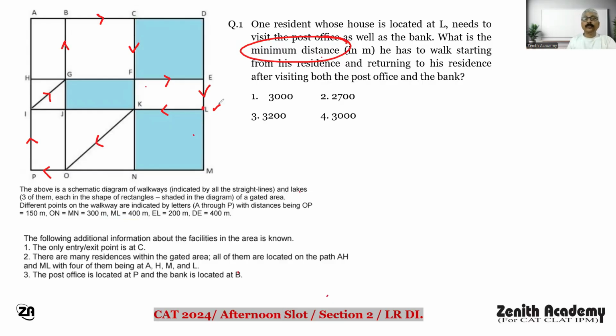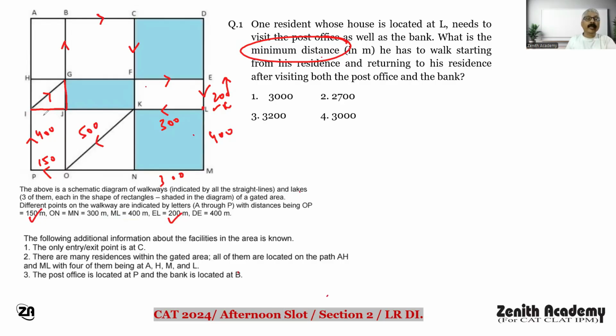So now it is given 300, so this is 300. Actually, it is 400 and 300. By Pythagoras theorem, this diagonal will be 500, and it is given 150. This is 400, it is 150 and this is 200.